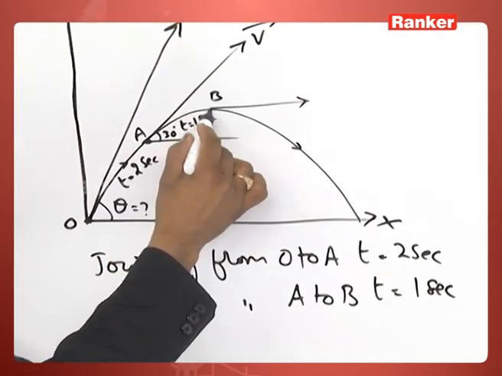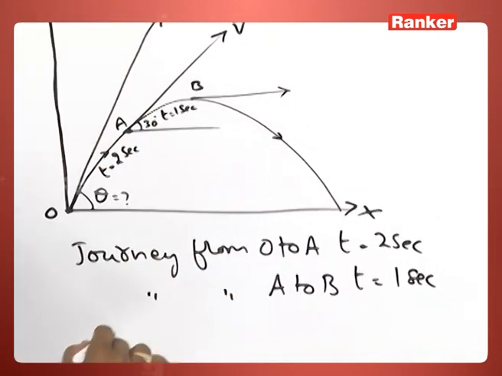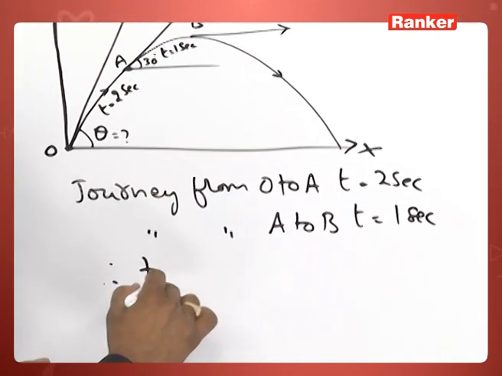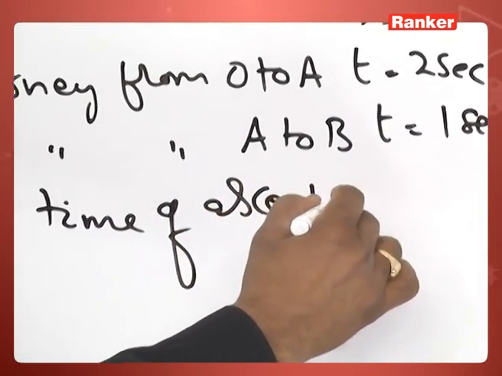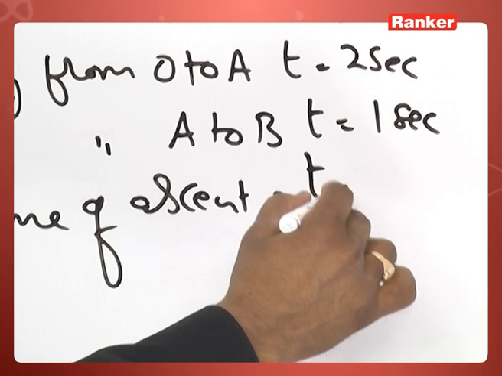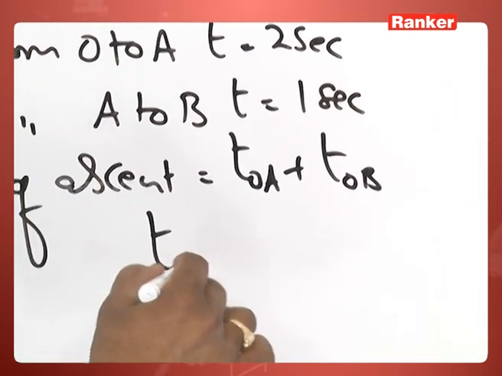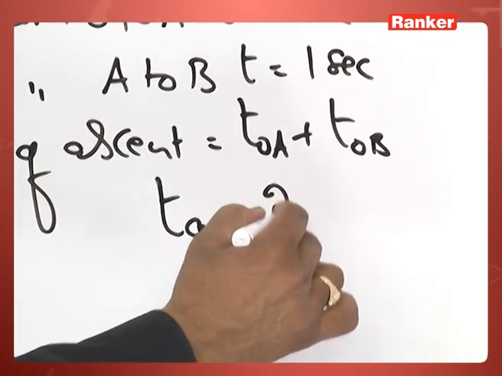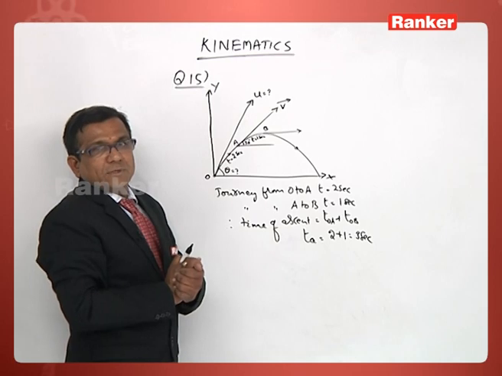That means from O to B, it is reaching the highest point. So, what will be the time of ascent? From these two, you can write time of ascent is equal to the time taken to move from O to A plus the time from A to B, so the time of ascent Ti is 2 plus 1, 3 seconds.